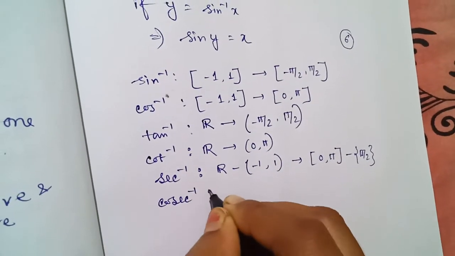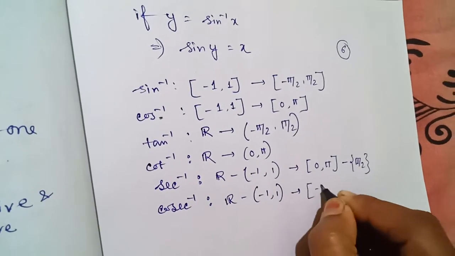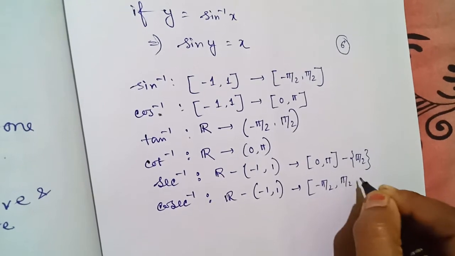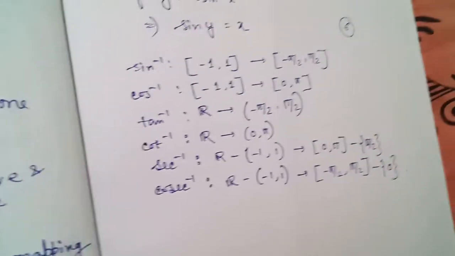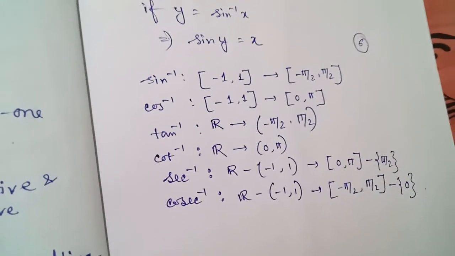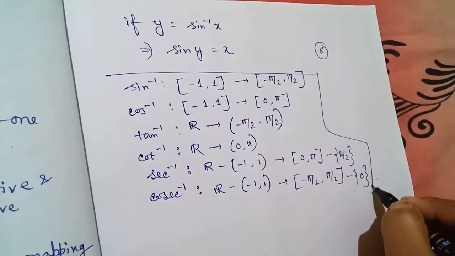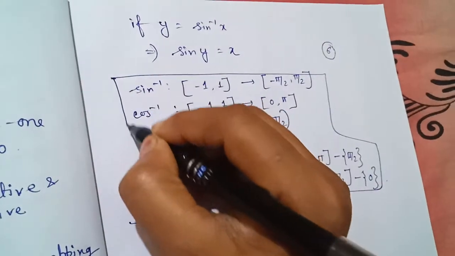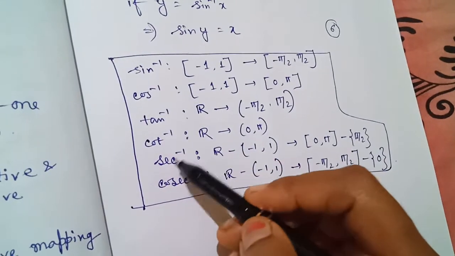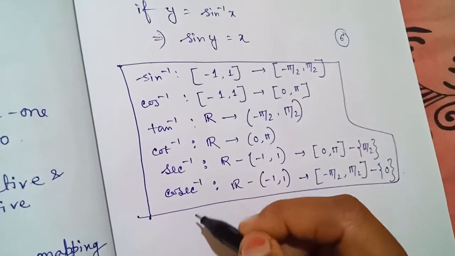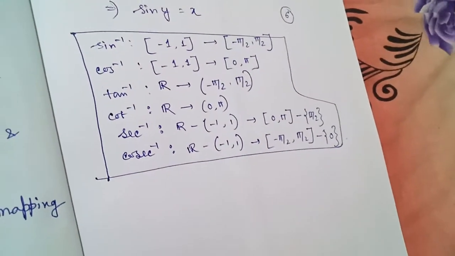Cosec inverse: R minus the closed interval minus 1 comma 1, to minus pi by 2 comma plus pi by 2 minus the point 0, means the singleton set 0. Okay, so this is a very important topic, the principal value branches for all 6 inverse trigonometric functions.